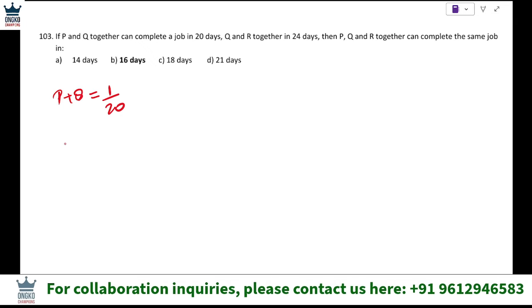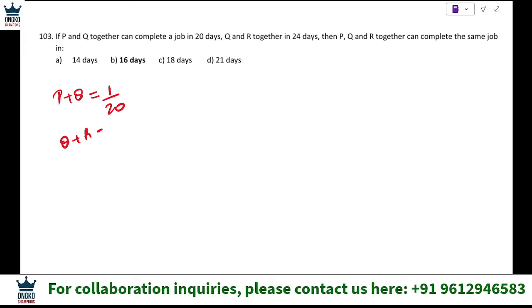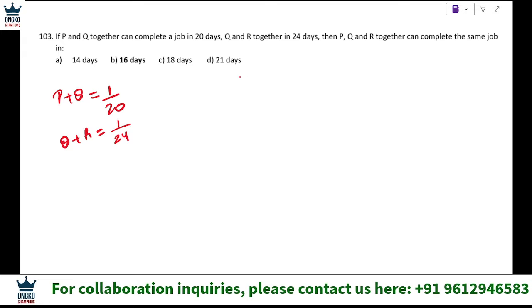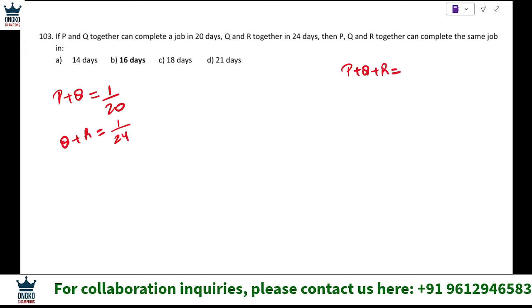Q and R together, Q plus R, 24 days, so 1 day work is 1 by 24. And P, Q, R together can complete the same job in how many days? So P plus Q plus R together, in how many days will they finish the work?